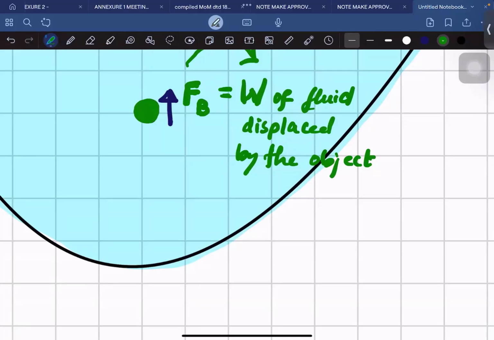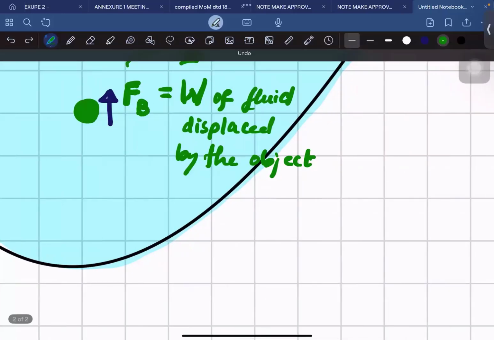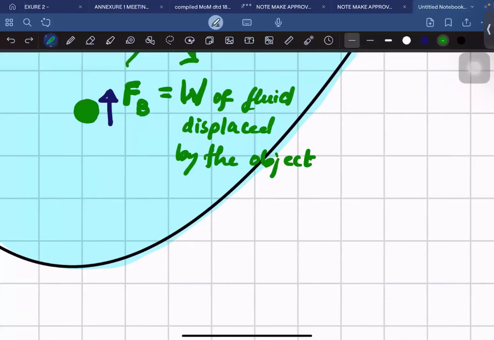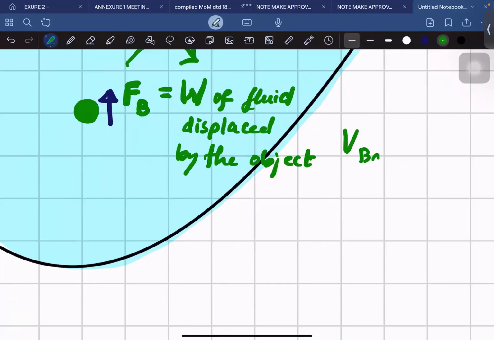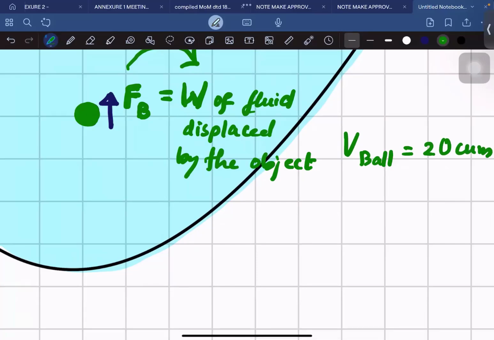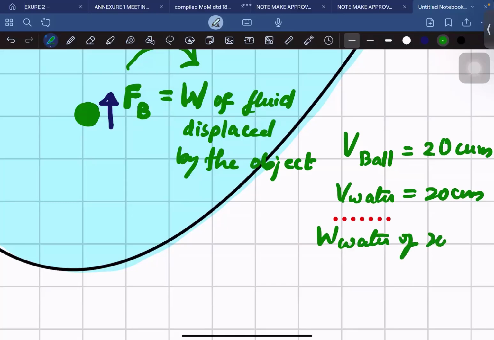Suppose the volume of the ball is 20 cubic centimeters. So the volume of water that will be displaced is 20 cubic centimeters, and the buoyancy is the weight of water of 20 cubic centimeters. I'm not going too deep.